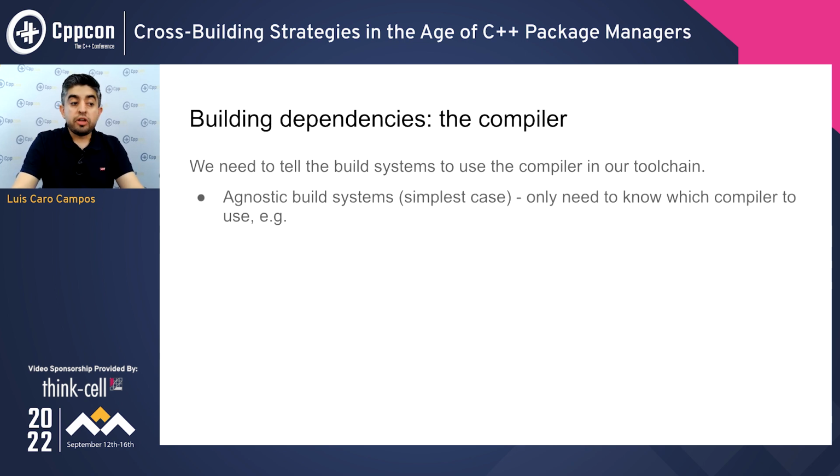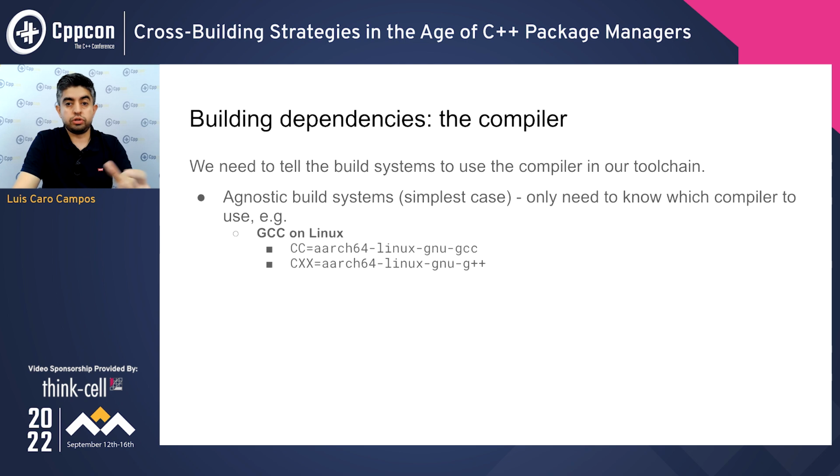So as I mentioned earlier, we have the simplest cases. All we need to do is just point to a compiler that will output to a different architecture. So with GCC and Linux, a lot of the tooling will just inspect the value of the CC and CXX environment variables.